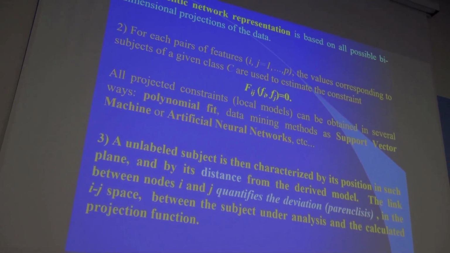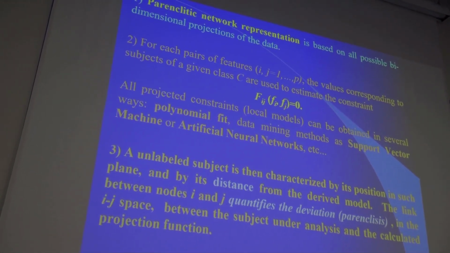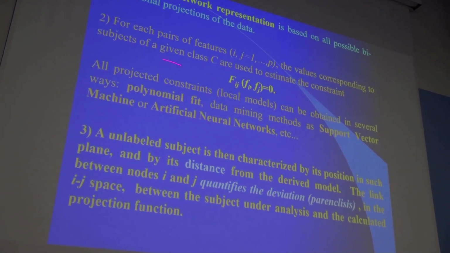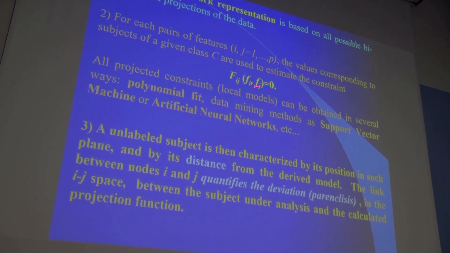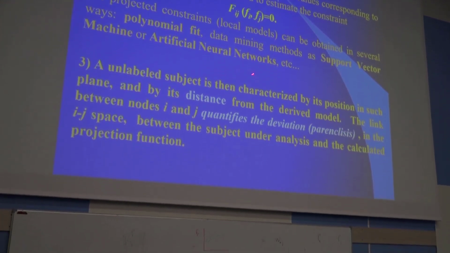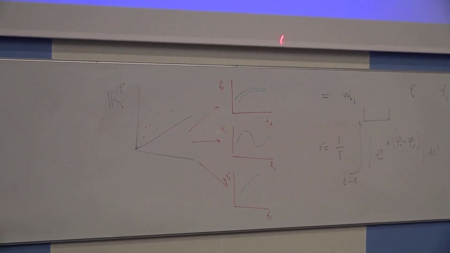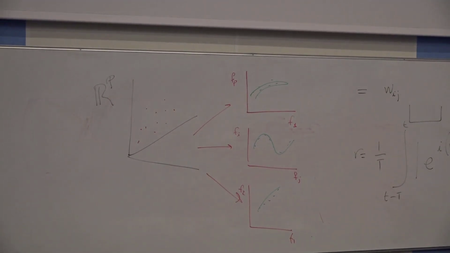So I imagine that each class corresponds to these constraints, and if I have good methods, like polynomial fit, data mining methods, support vector machine, artificial neural network, I can learn these functions. From my labeled set, I learn all the functions.